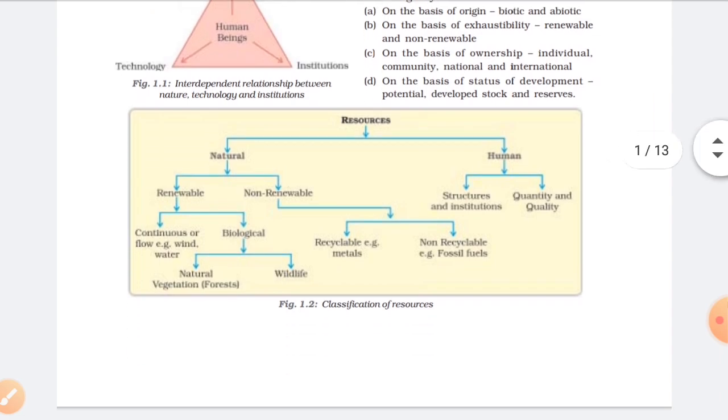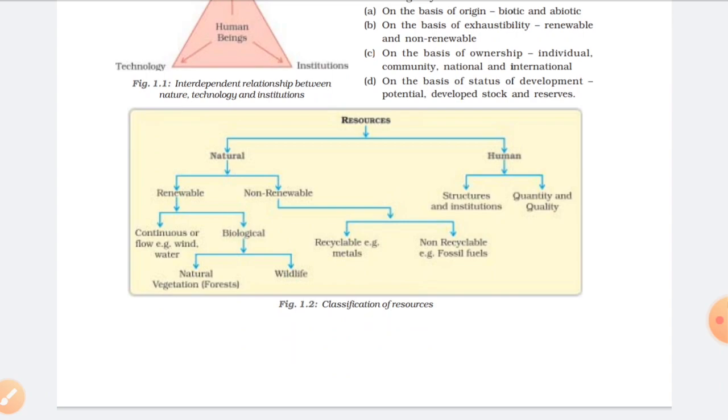Here you can see this chart. Resources are broadly termed natural or human. Natural resources are classified into two: renewable and non-renewable. Renewable resources again into continuous or flow, for example wind and water.